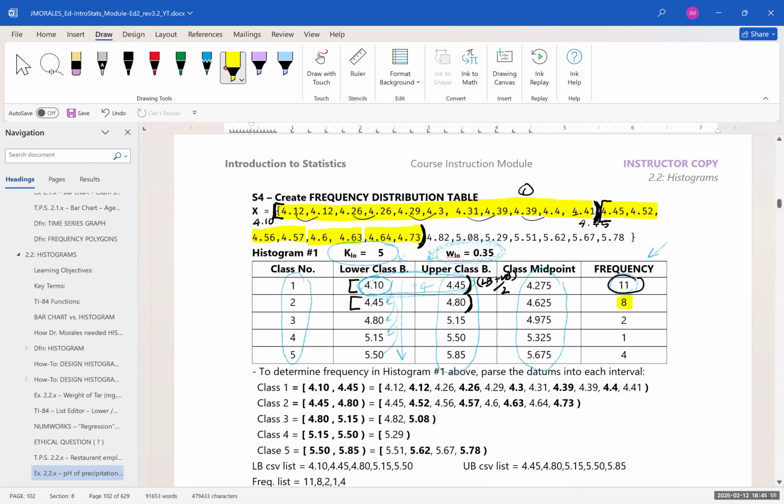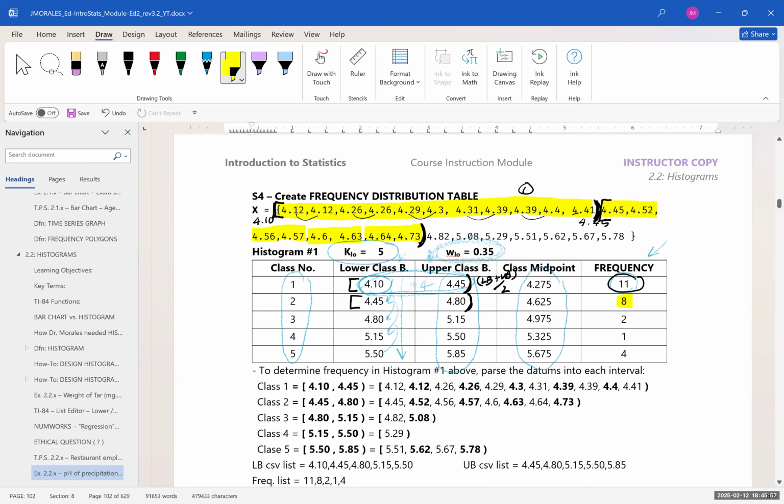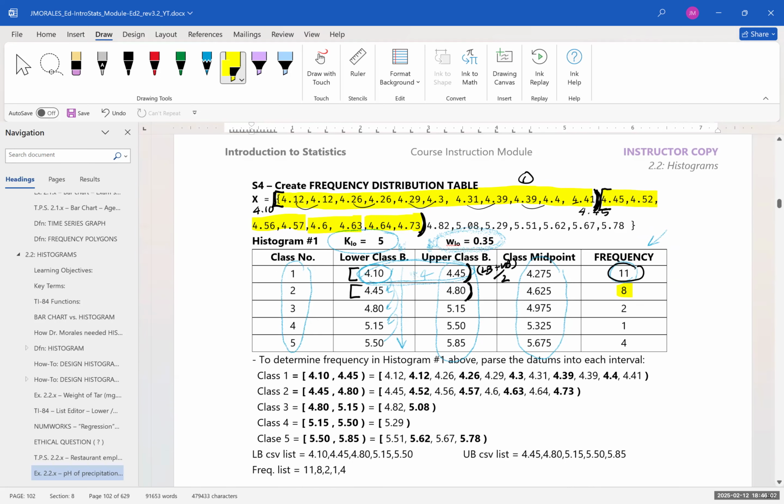All right. So I'm kind of parsing the data set this way. Down below, I defined what each class was. So it might be instructive for you to look and see how I defined each class using interval notation. And then I put the values that actually fit within each class here off to the side.